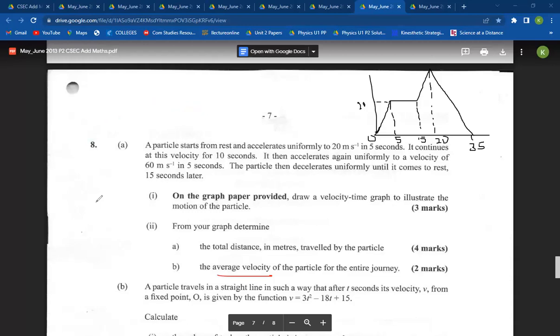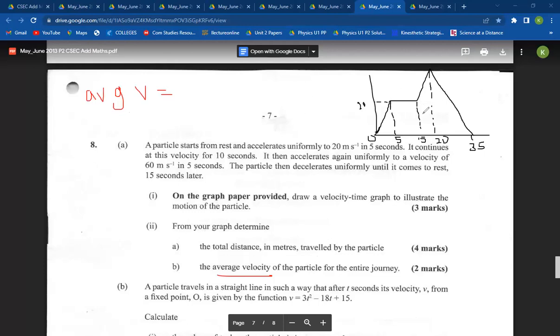Displacement on time. Okay, well, it's a change in displacement on time, but yeah, same thing, right? The average velocity of the particle. So average velocity is a change in displacement on time.